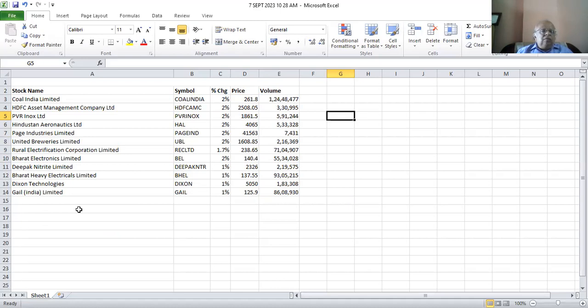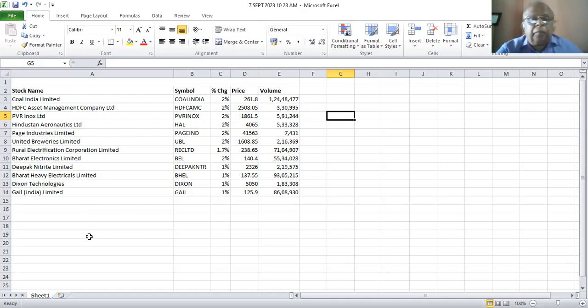On daily basis, the target is based on the daily pivot, and for short term the weekly pivot is being taken, and accordingly the target has been fixed. Now after identifying the stock, we are just moving into the chart of the particular stocks.